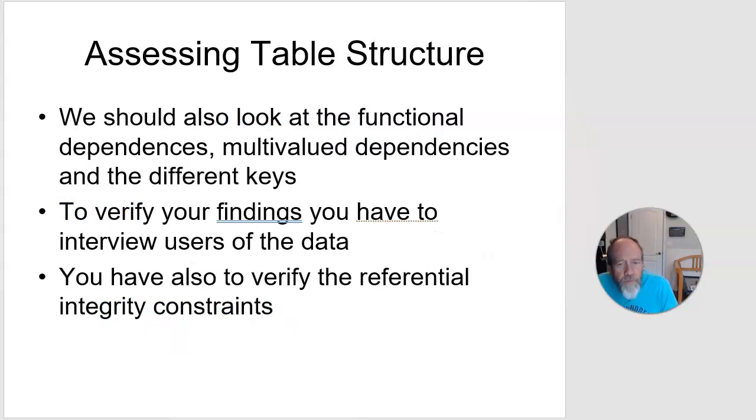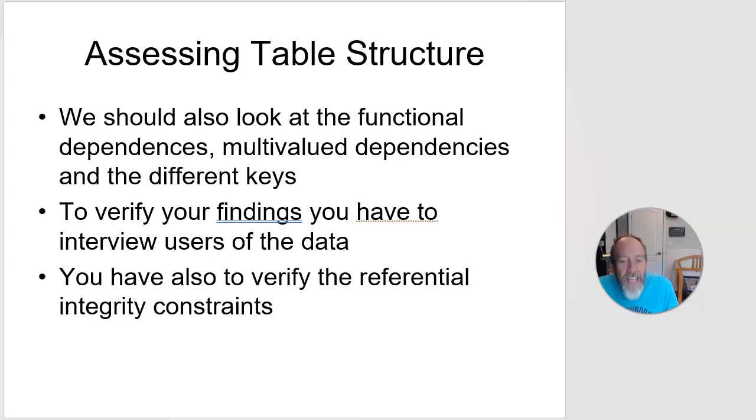Now, when you look at the tables that you're assessing for design, you're going to look at functional dependencies, and there's some other things that we're going to look at, like multi-valued dependencies. Also the key structure, what foreign keys do exist, what primary keys exist. And here is a biggie.